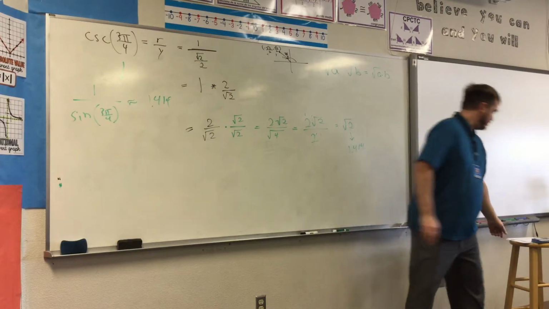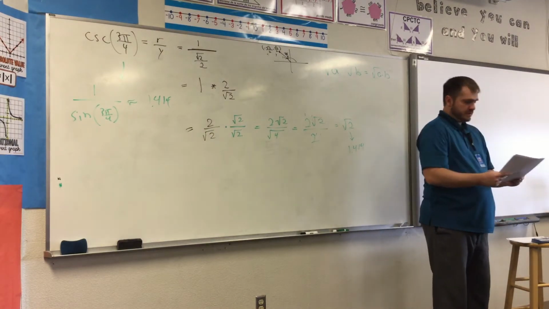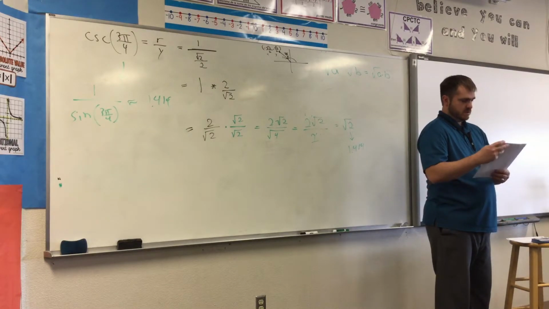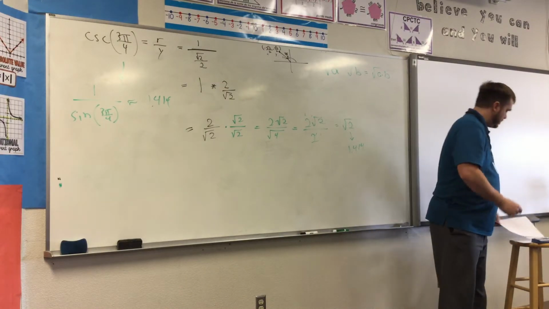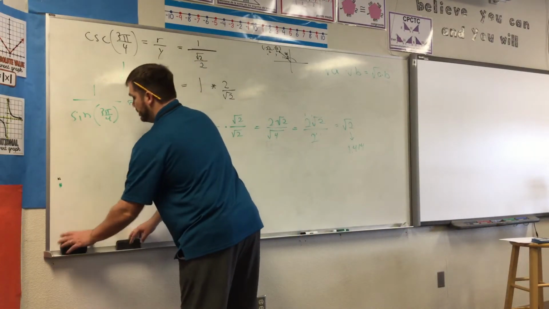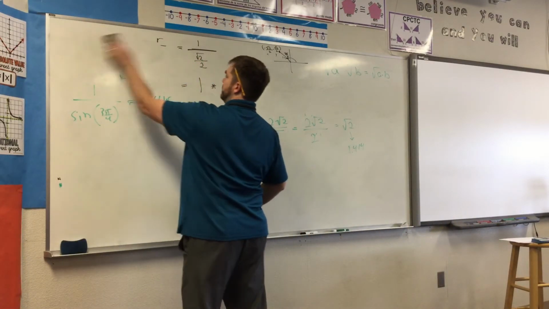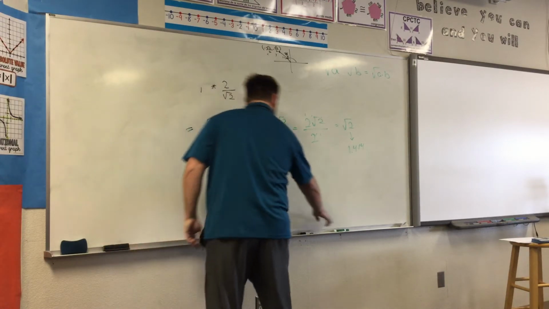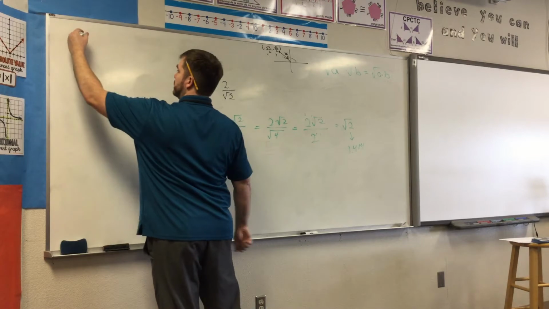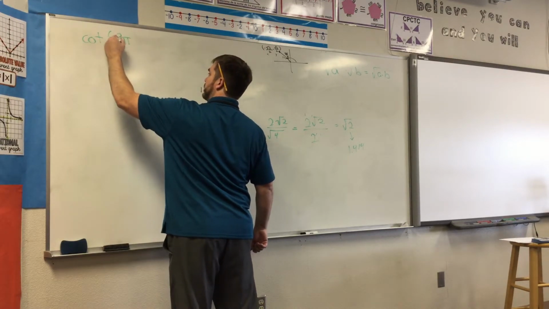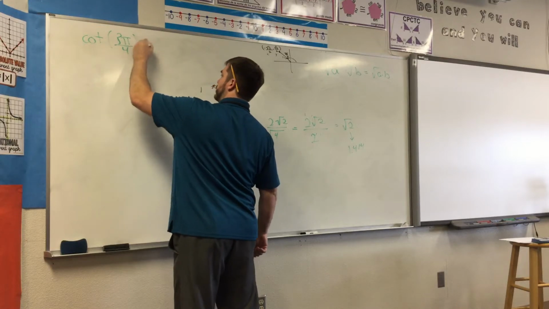Okay, let's keep going. Find something really difficult. All right, cotangent 3 pi over 4. Do y'all want to try this all on your own? Cotangent of that same angle. Cotangent 3 pi over 4.